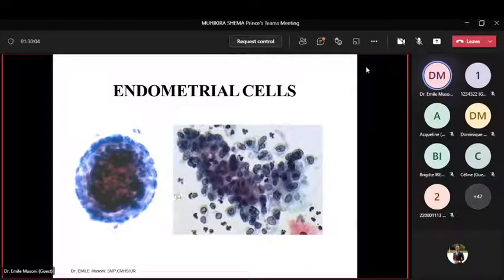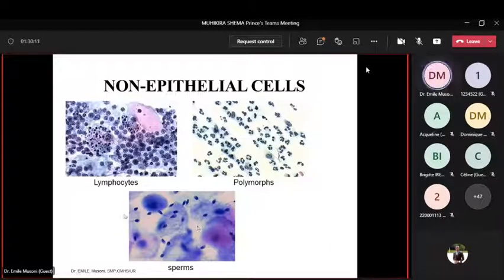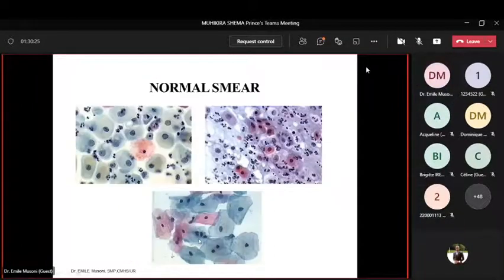These are endometrial cells. You can also find some lymphocytes and some neutrophils. This one is a bad collection of the sample. On this one, I found some spermatozoa. This is a normal smear.